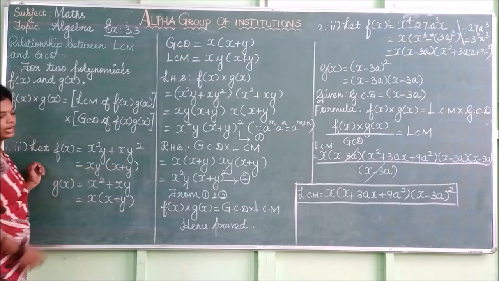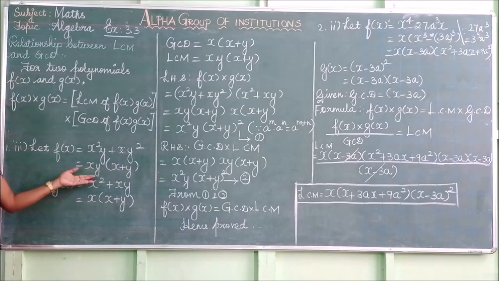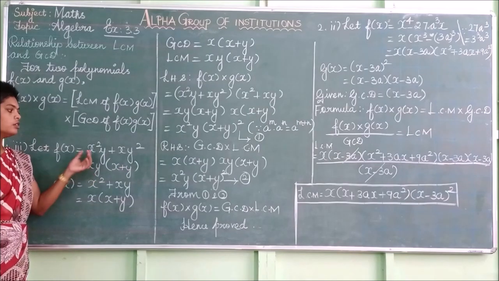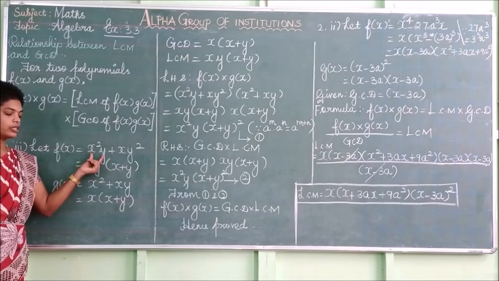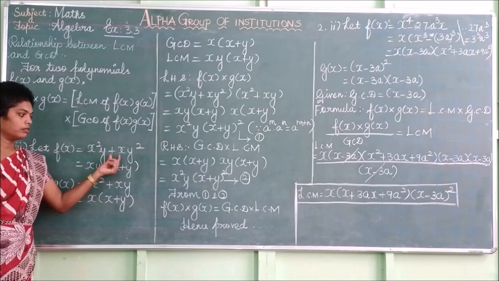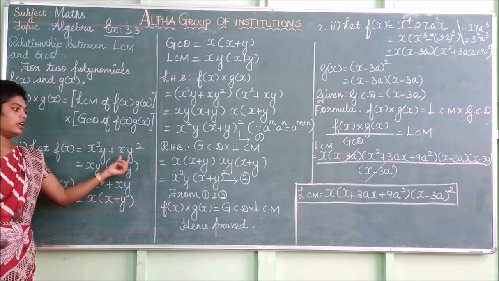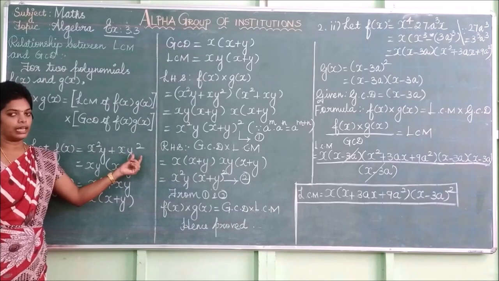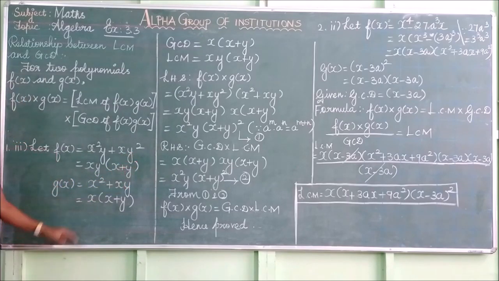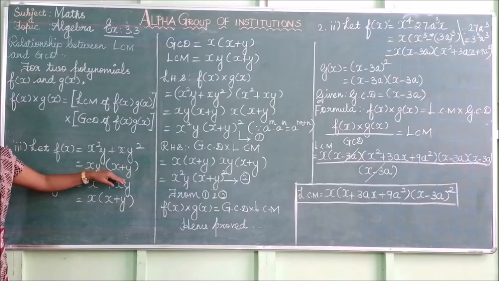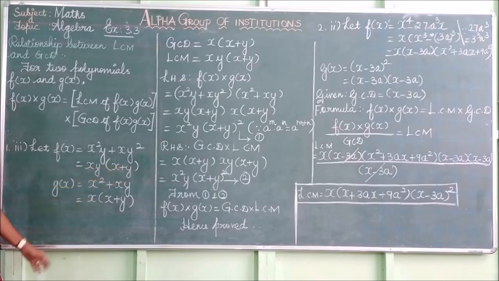Each and every term contains x y. So you take that x y as common. What are the remaining terms? If you take x y from this, the remaining one is x, with plus sign. Here also, the other term is y. So if you take x y outside, x plus y is the other term.